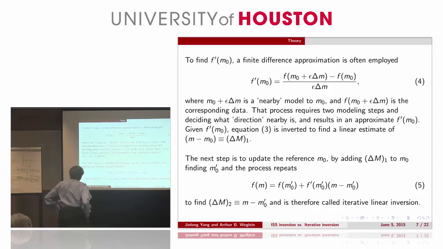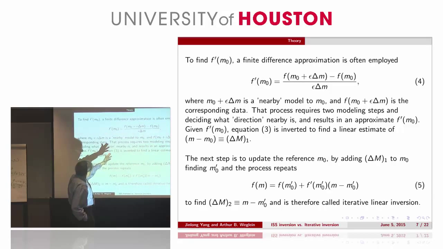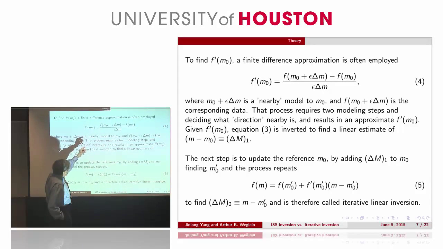There are times when that derivative is calculated with two models, as a finite difference. In other words, you move to some nearby model in some direction, and you calculate the data at the nearby model minus the data at the model, divided by some delta M. And that will then be put inside for that f prime derivative.